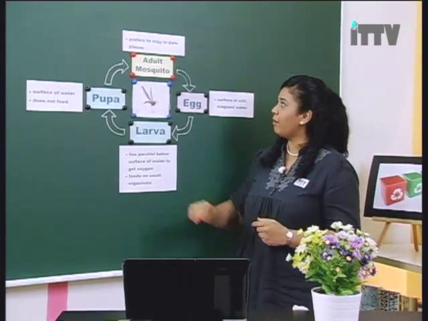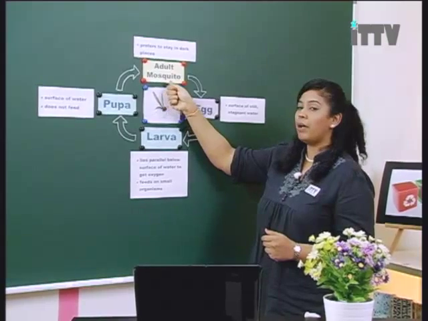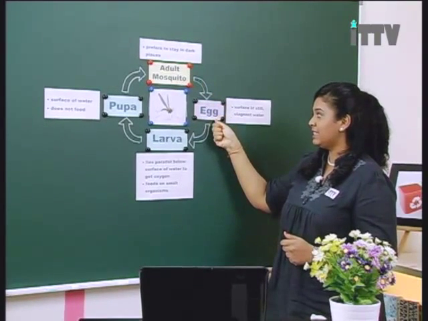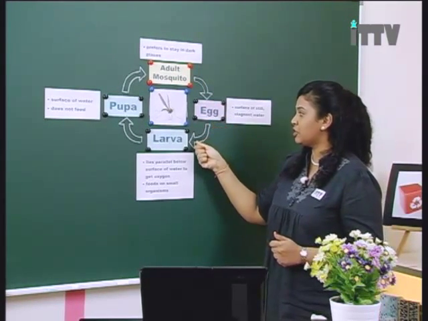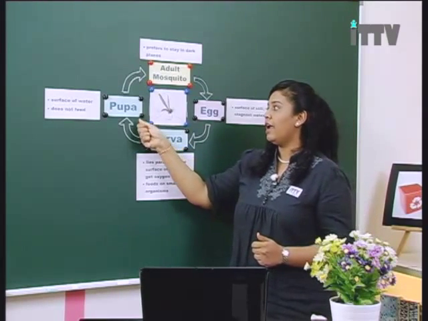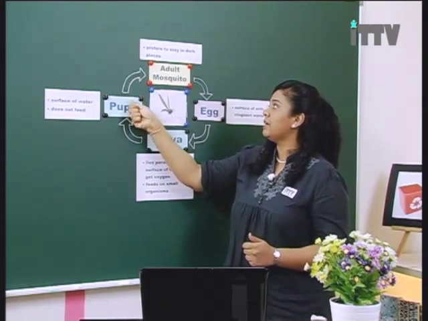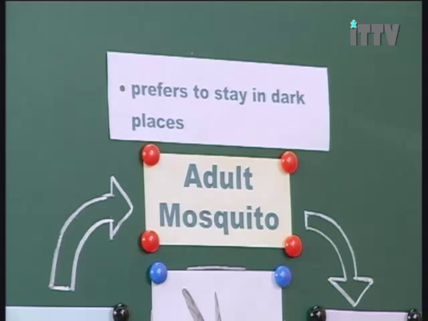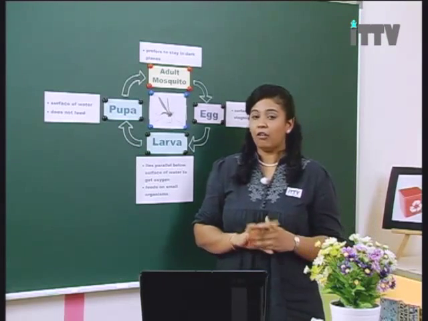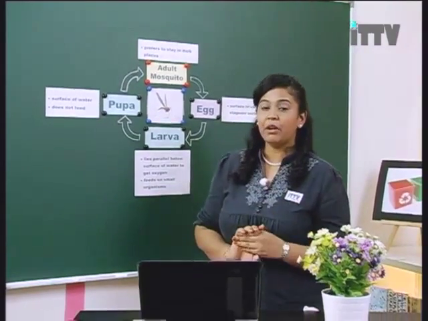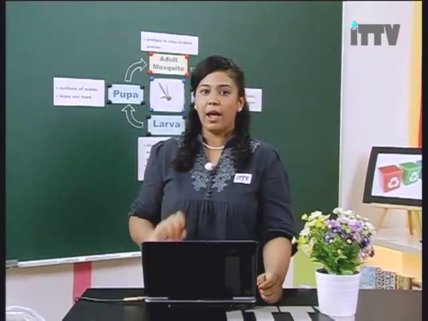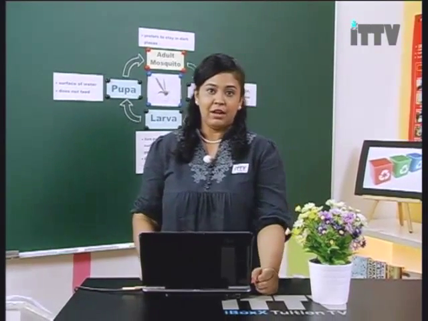Let's start from the adult mosquito, which lays eggs, which turn into larva and pupa, and then it emerges as an adult mosquito. So this is the simple life cycle of the mosquito. In the next slide, we're going to learn in detail what happens at each stage: egg, larva, pupa, and adult mosquito.